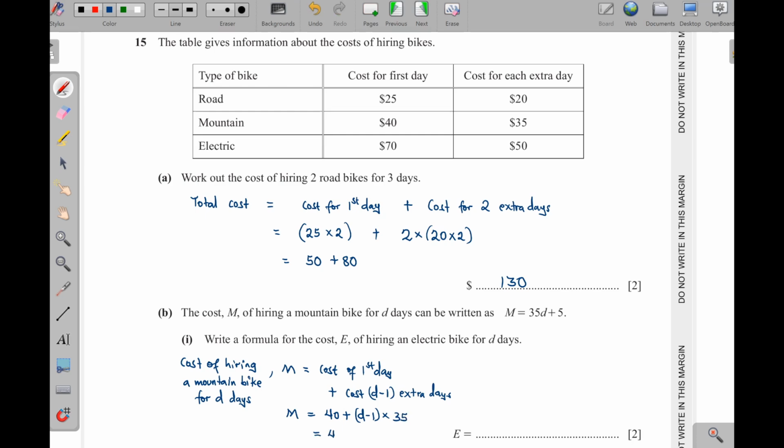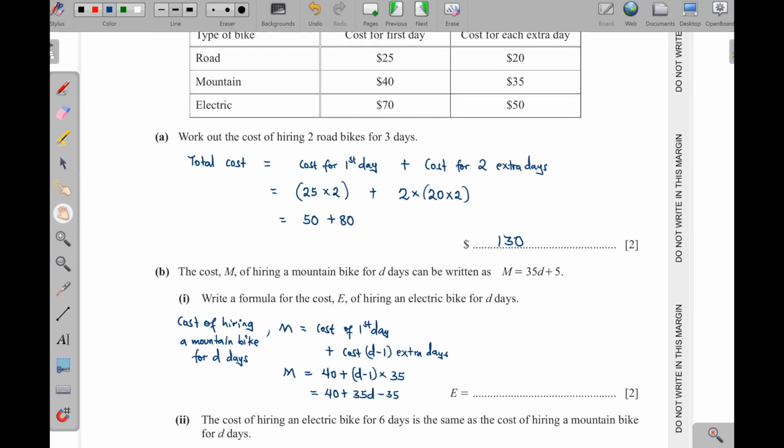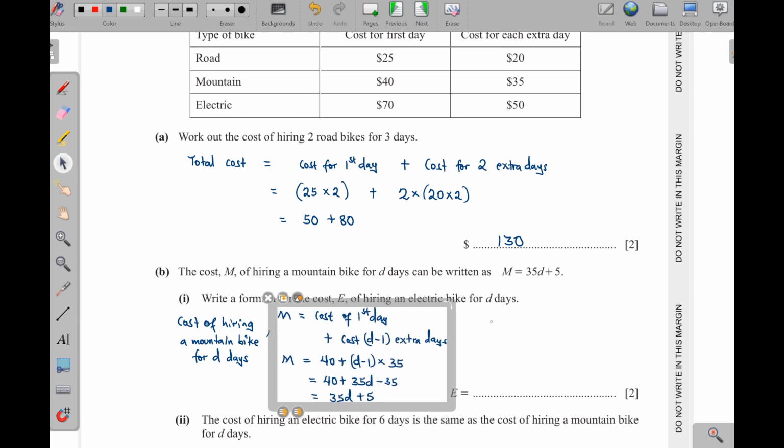So meaning you have 40, then plus 35 times D, that is 35D. Then 35 times 1, you get 35. There is a minus here. And then this one here gives us what? You'll get 35D. Then 40 minus 35, you get a 5. So plus the 5. So this is how we get that formula given there. You see that?